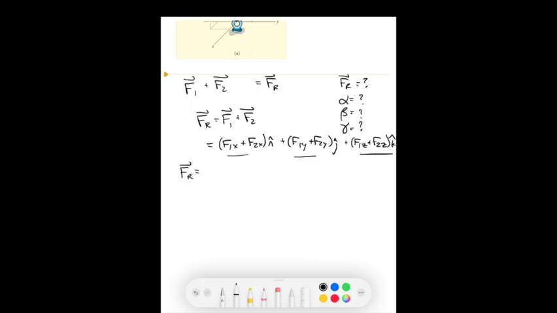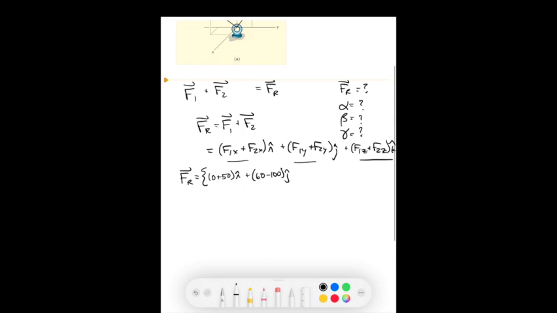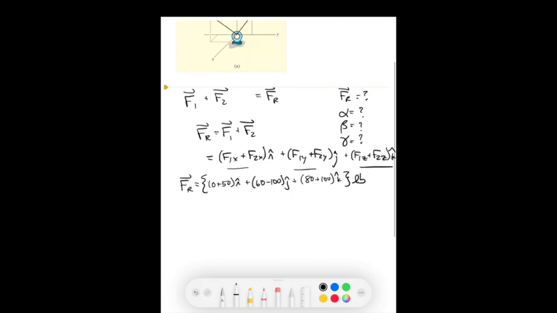So we see that the resultant force is going to be 0 plus 50 in the x direction, 60 minus 100 in the y direction. We see that F2 is minus 100 for its y component, and 80 from force 1, 100 from force 2 in the z direction, and our units in this case are pounds.